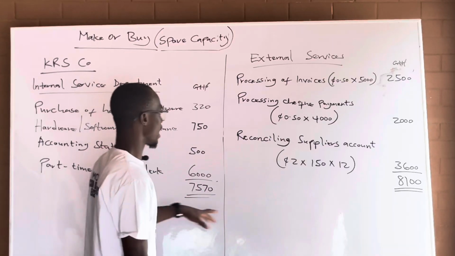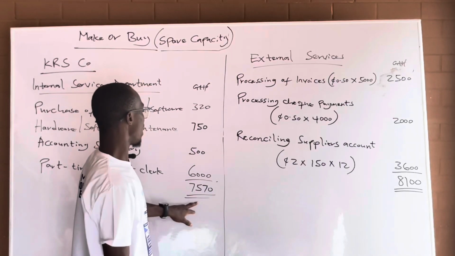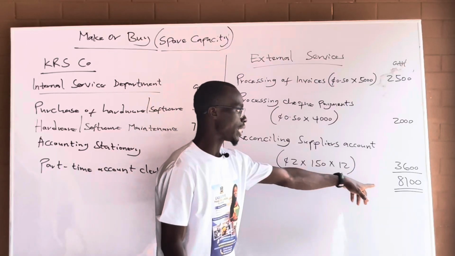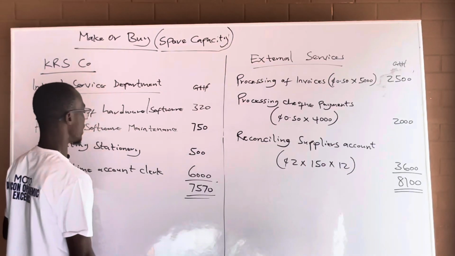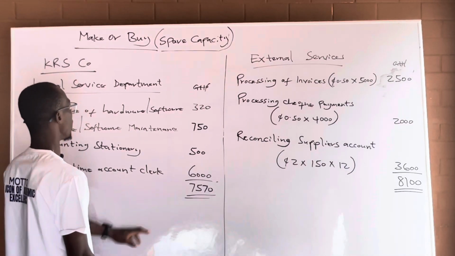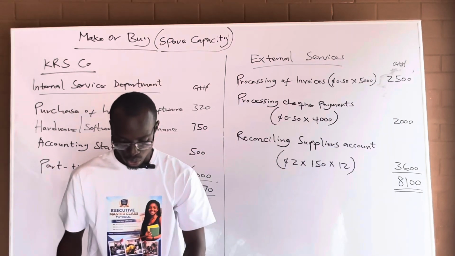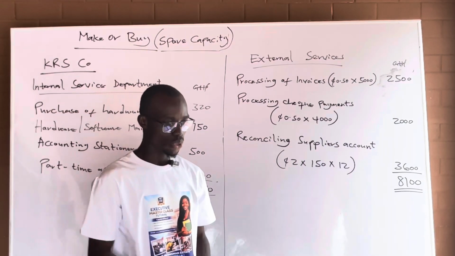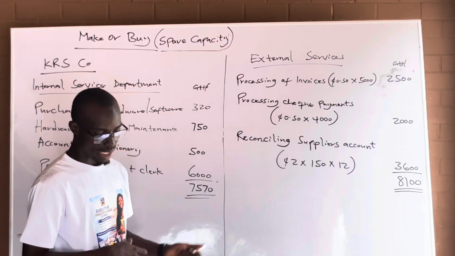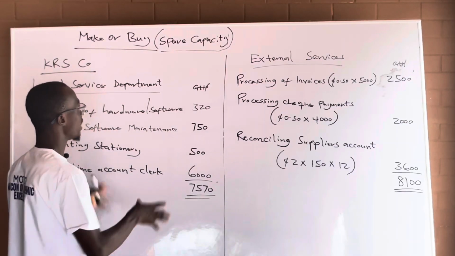So when you make it in-house, you are incurring lesser than when you buy it outside. Therefore we should make it in-house. That will be the decision that we are supposed to make on this question.